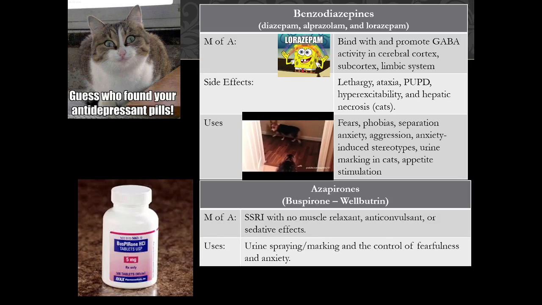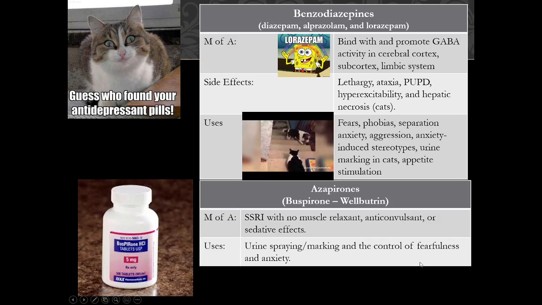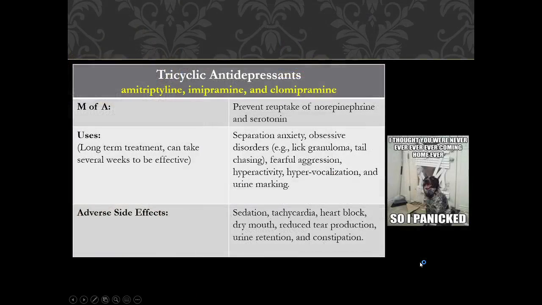There's no muscle relaxation, it's an SSRI with no muscle relaxation. It is also an anticonvulsant. It has some sedative effects. It can help with urine marking, spraying, and control of fearfulness and anxiety.